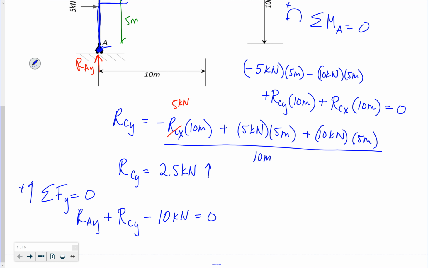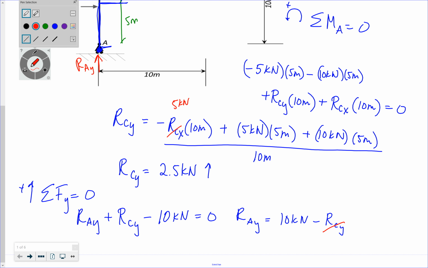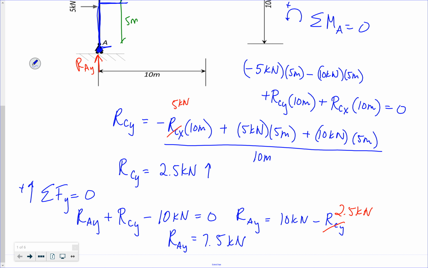So RAY is 10 kilonewtons minus RCY, which was 2.5. So my reaction at A in the vertical direction is 7.5 kilonewtons. So that was just to find my support reactions. Always good to practice that.